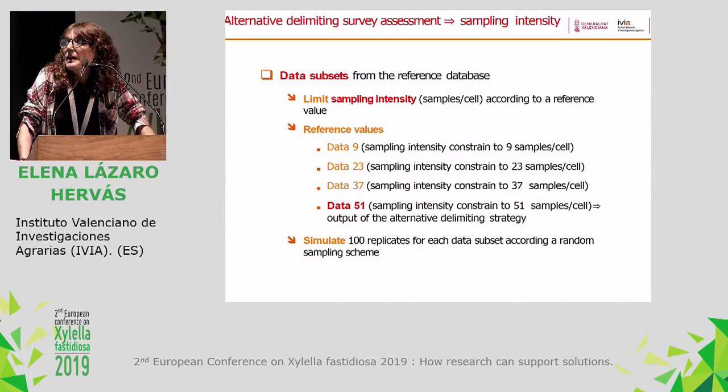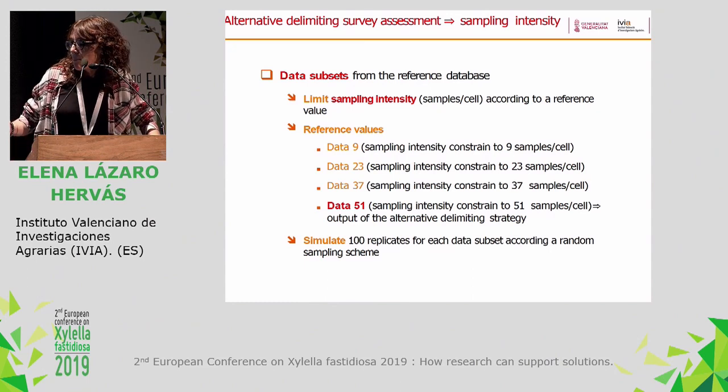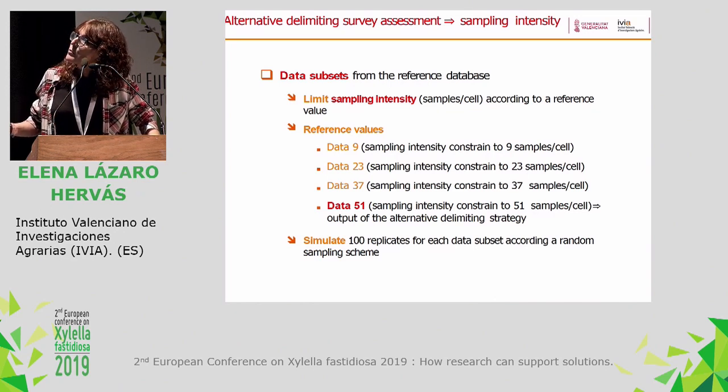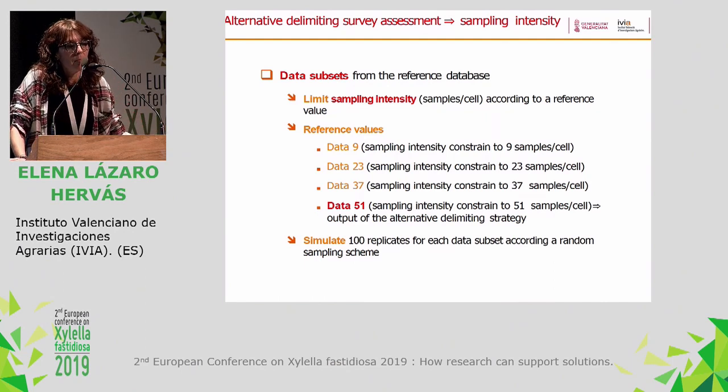The reference values that we have used are 9 samples per cell, 23 samples per cell, 37 samples per cell, and 51 samples per cell. Remember that this output is coincident with the sampling intensity value that we have obtained by the application of our optimization algorithm.